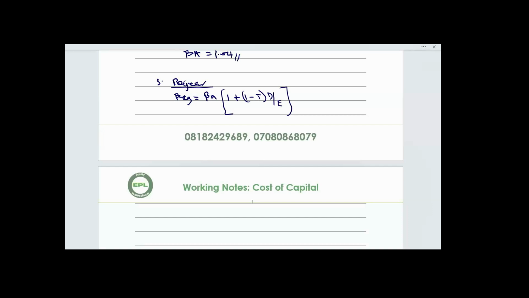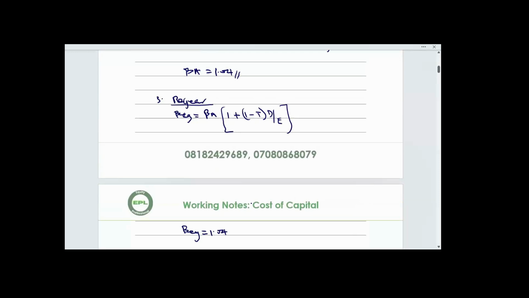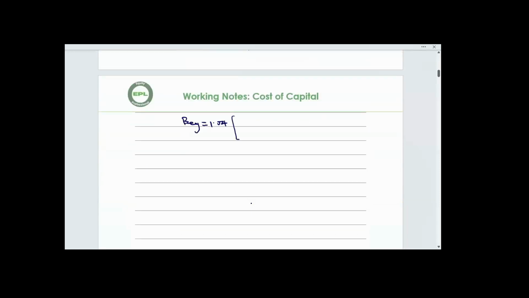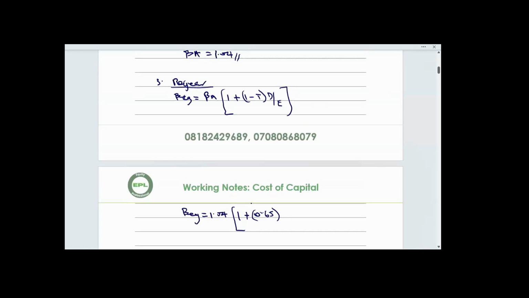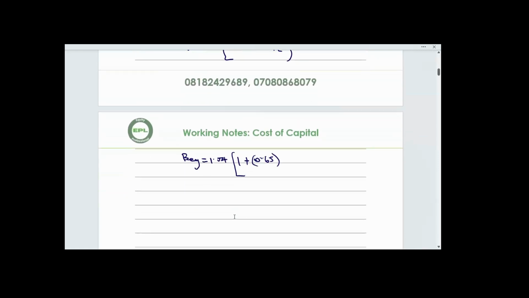So beta equity of a geared company equals 1.04, the beta asset we got in step 2, multiplied by 1 plus 1 minus tax. Tax rate is 35%, so that's 0.65. The examiner has given us the same tax rate for proxy and Kilimanjaro. Now I need the debt equity proportion, value of debt and value of equity of Kilimanjaro. So we need to go and work it out.